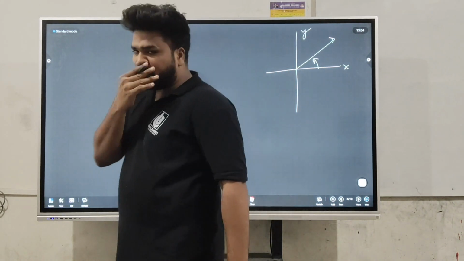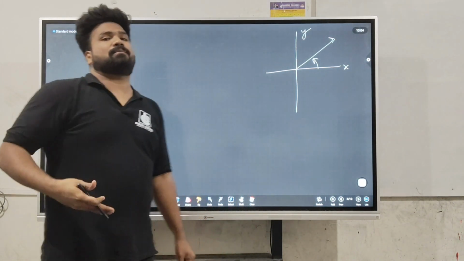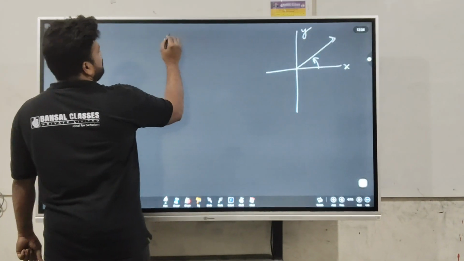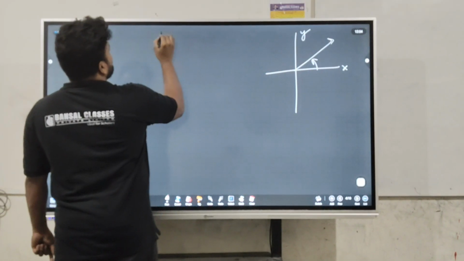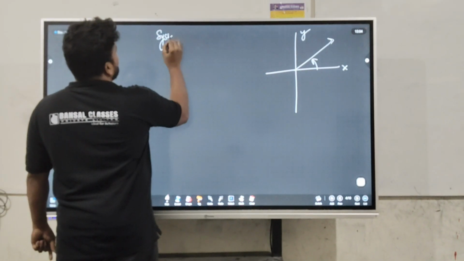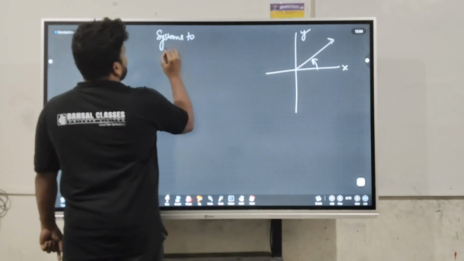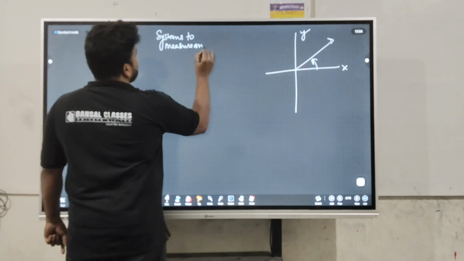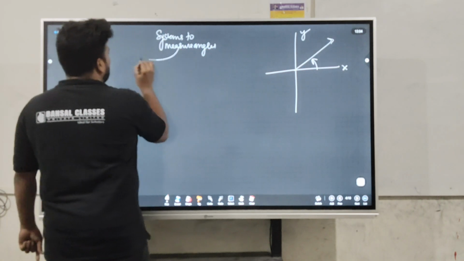And how do we measure that? We use different systems to measure angles. So, what are the systems?